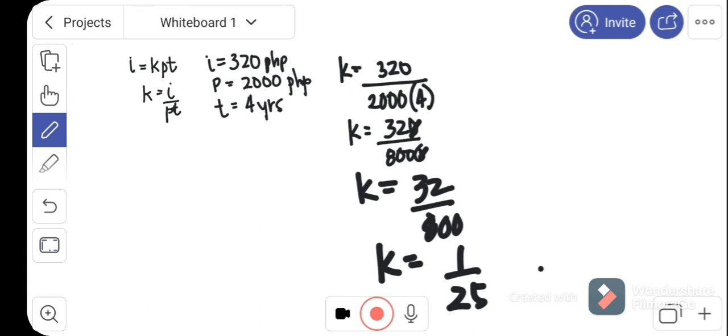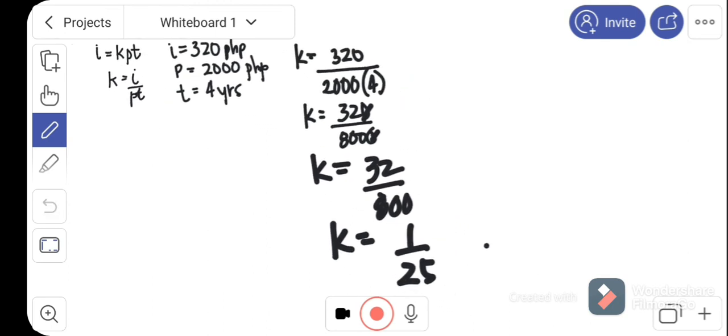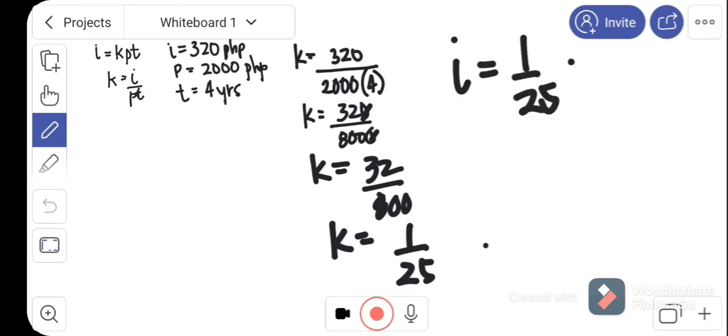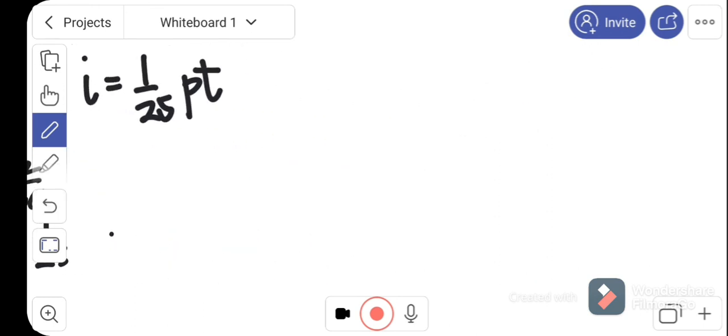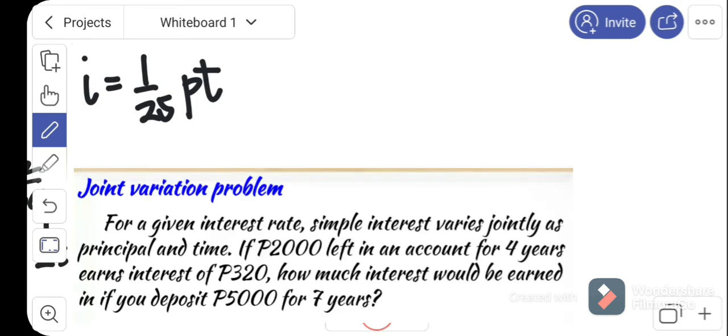After finding the value of k, we change our equation with the numerical value for k, which is 1 over 25. Now, our equation is I equals 1 over 25 pt. Now, we are ready to answer our problem. How much interest would be earned if you deposit 5,000 pesos for 7 years?